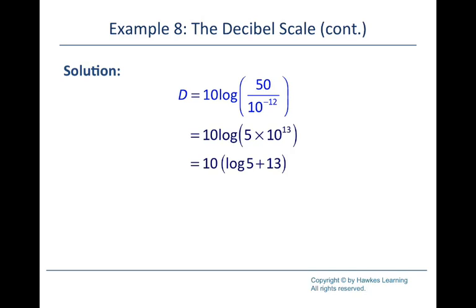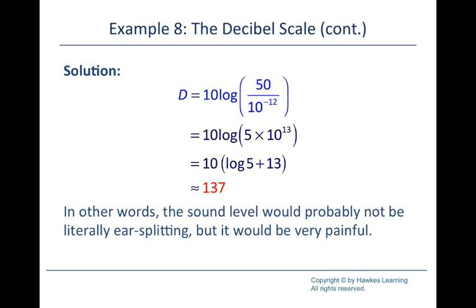Okay? The log of 10 to the 13th is 13. And so it's going to be about 137. It's louder than a rock concert, but not enough to split your eardrums. But it's very, very loud.